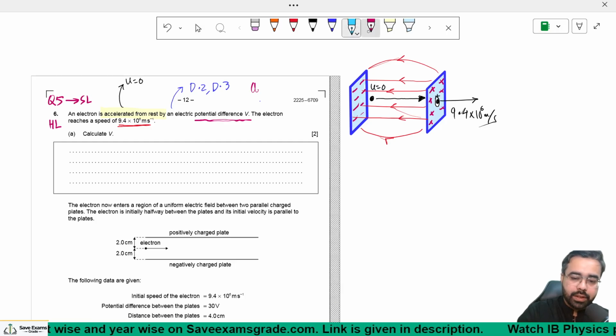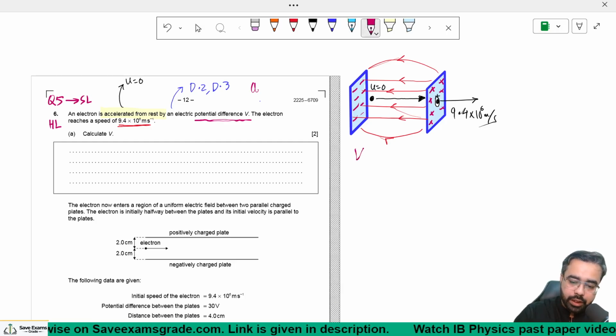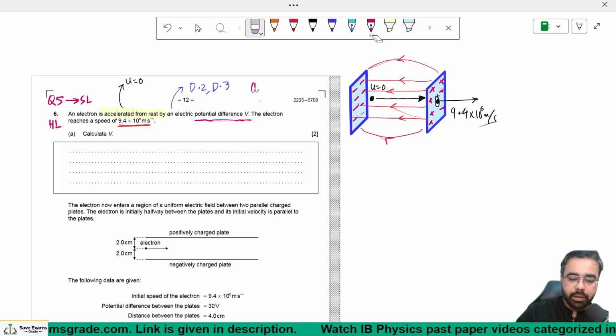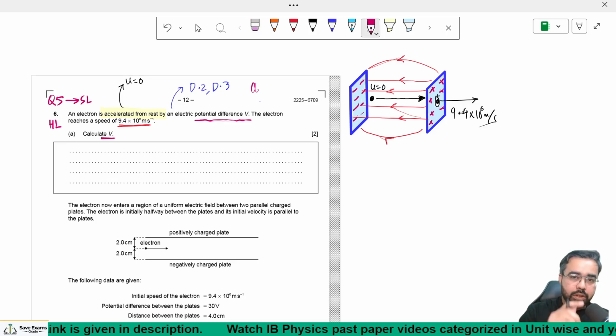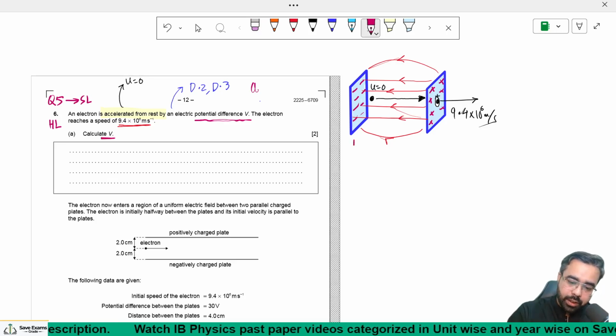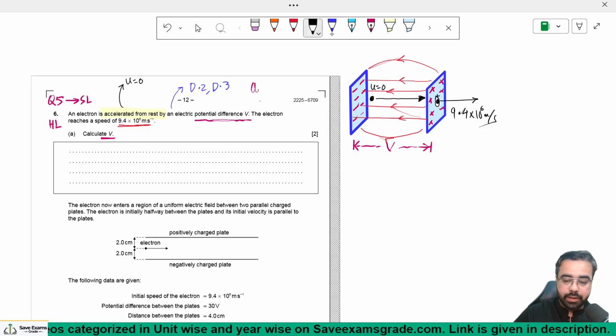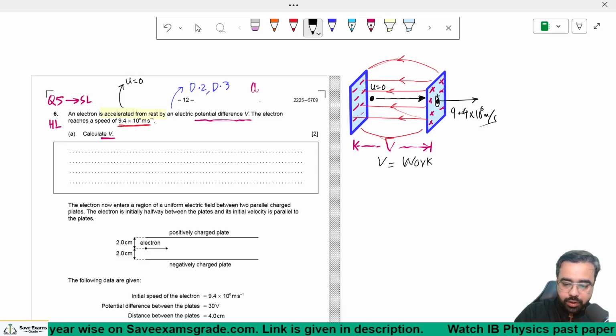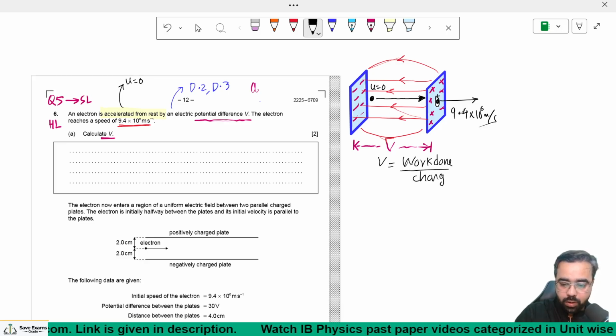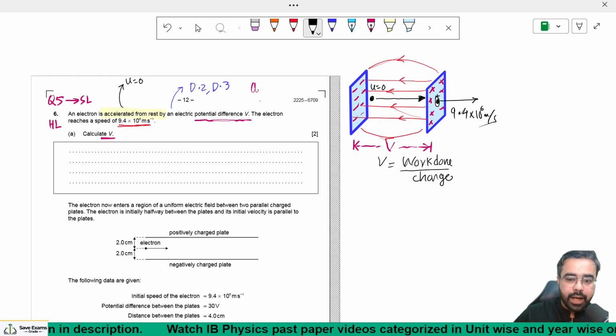Right now, what is the electric potential? Electric potential, basically this is the potential difference between the plates. This V is not an absolute potential, this is the potential between the positive and the negative plate. And we can define this potential as the work done per unit charge. Now you know that due to the work done on this charge, it will gain kinetic energy.